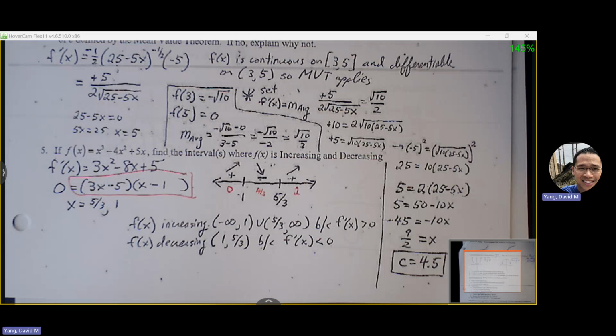But either way, we plug them into our derivative function. Positive would mean my graph is rising. Negative would mean my graph is falling. There's clearly a relative max at 1, relative min at 5/3, but this problem is only asking for increase, decrease. And then we have to write our because statements. Any questions?